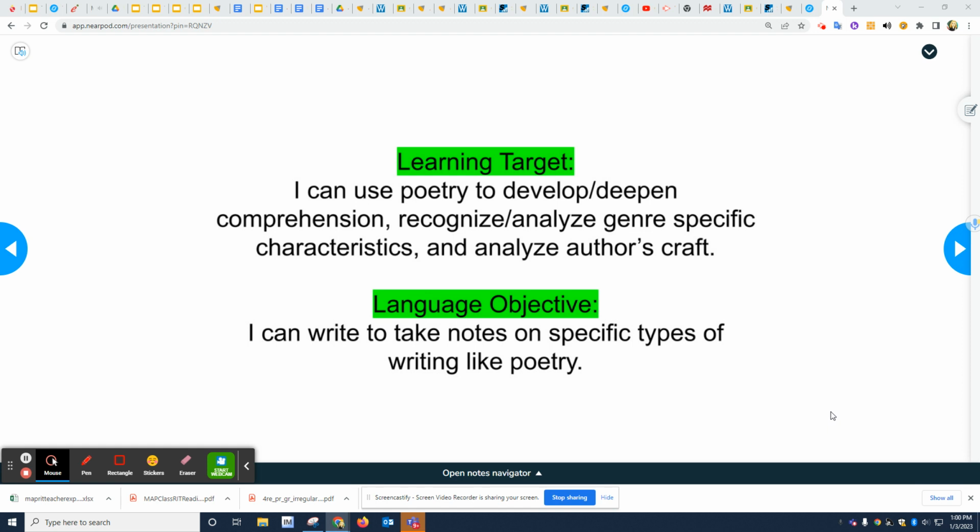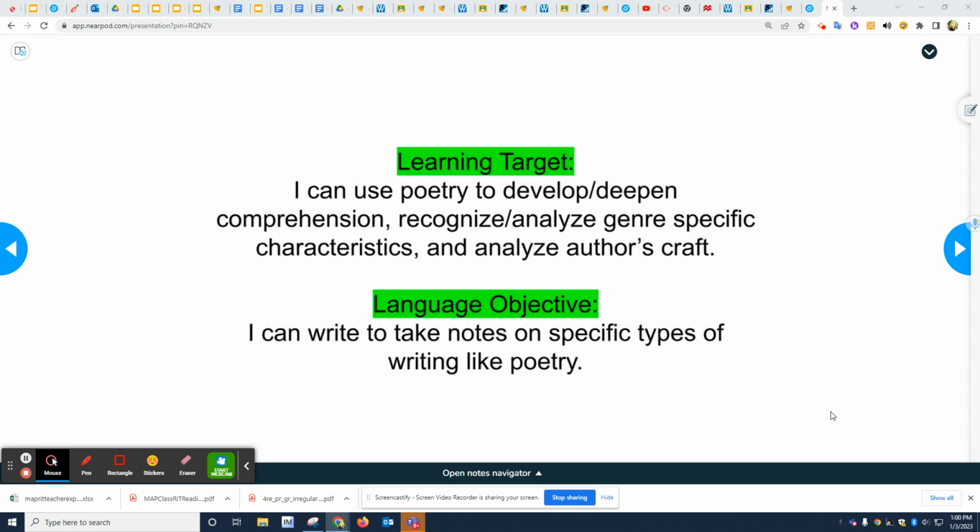Today's learning target is I can use poetry to develop and deepen comprehension, recognize and analyze genre specific characteristics, and analyze author's craft. Now, that is a mouthful. And believe it or not, we're going to do each of those right now in this mini lesson.